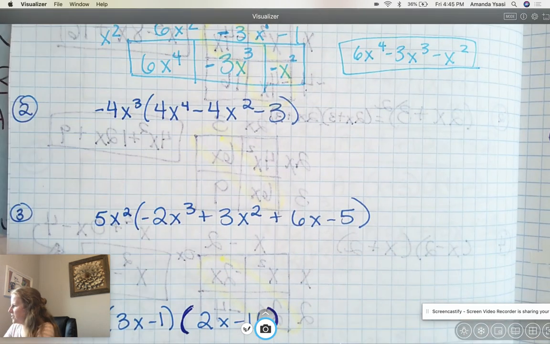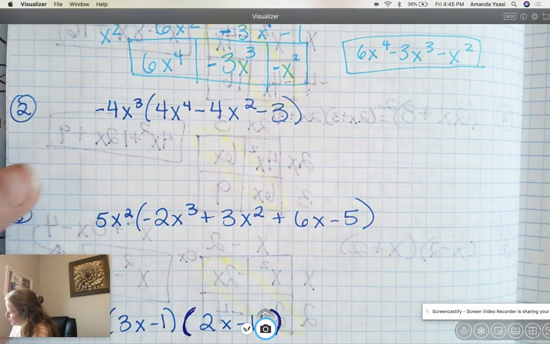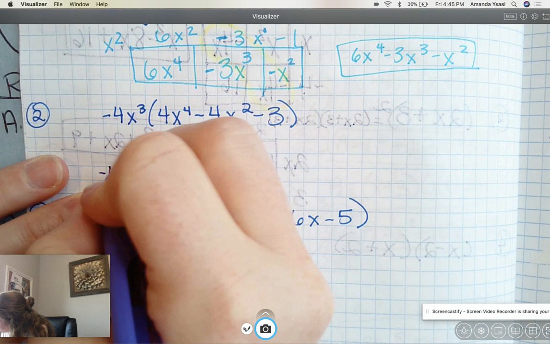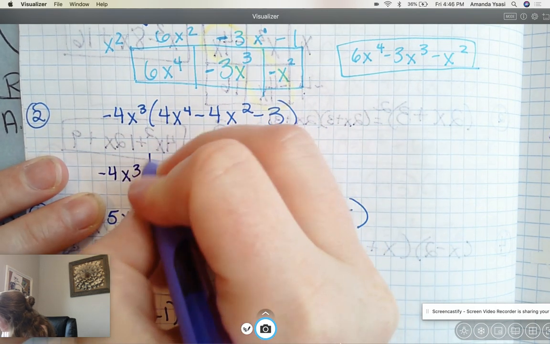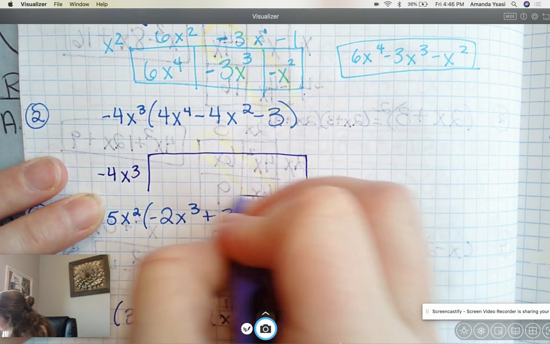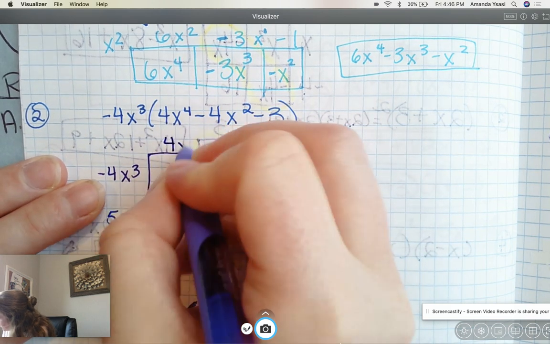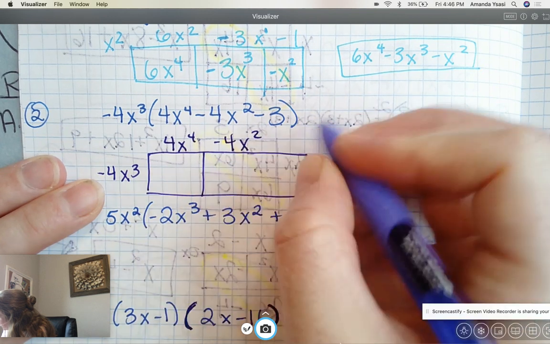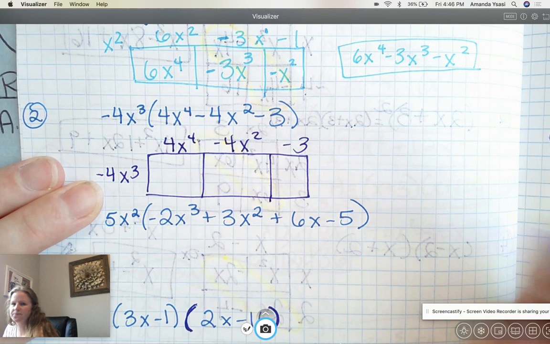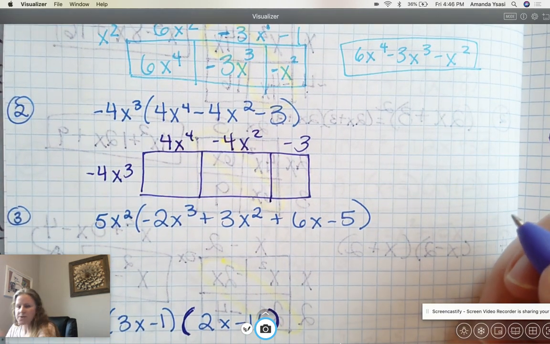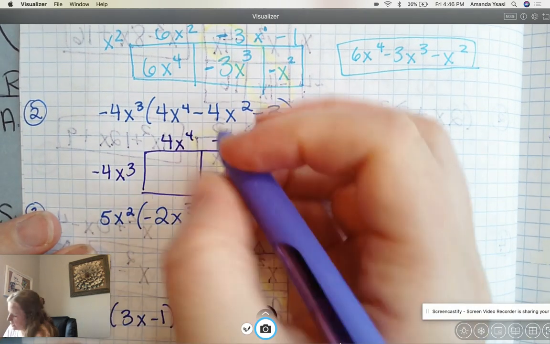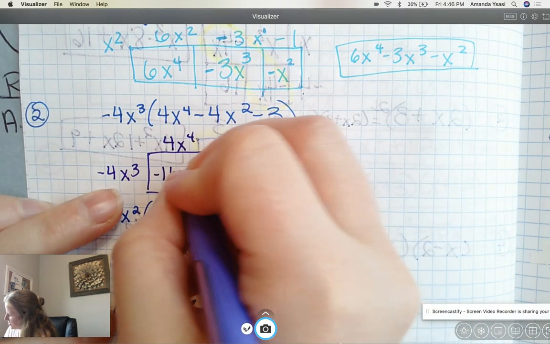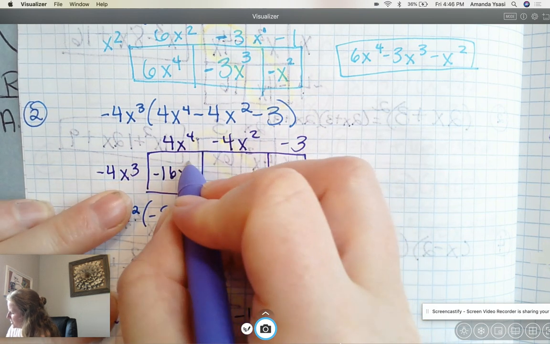Okay, let's move on to the next one. I think I need a darker pen. So negative 4x cubed times 4x to the 4 minus 4x squared minus 3x. So negative 4 times 4 is negative 16, and then add your exponents. So 4 plus 3 is 7.